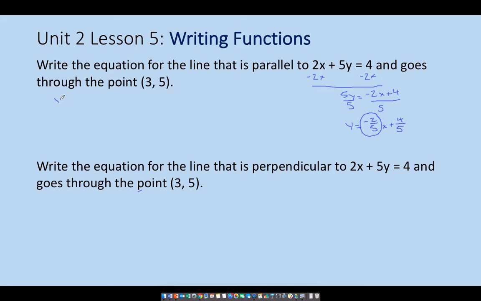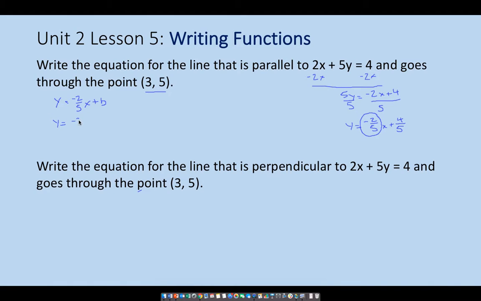And so with my new equation, I want y equals negative 2/5 x. And then, if I'm going to use substitution, I'll just say plus b. And I want to go through the point (3, 5). So x is 3, y is 5.